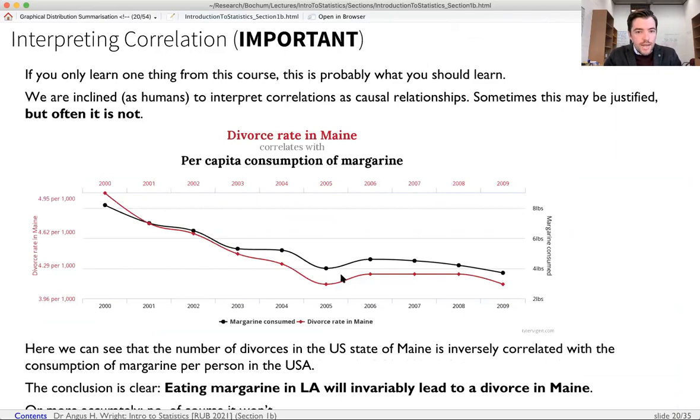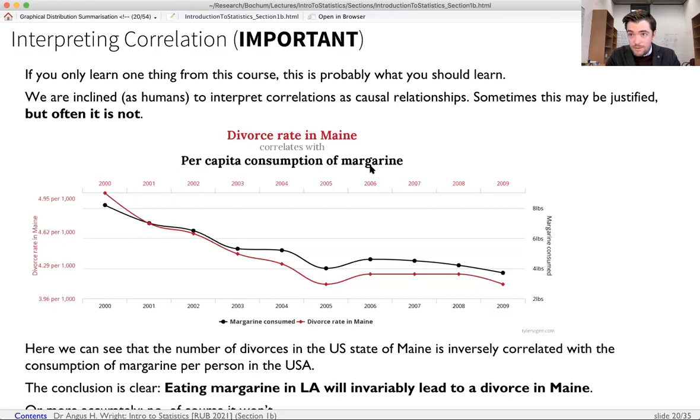The next really important thing is about interpreting correlations. So we as humans are terribly good at finding correlations between data and interpreting them as meaningful. Okay, so here I have an excellent example of two completely unrelated objects. The divorce rate in Maine and the per capita consumption of margarine in the United States. And the correlation between these two things as a function of time is very, very high.